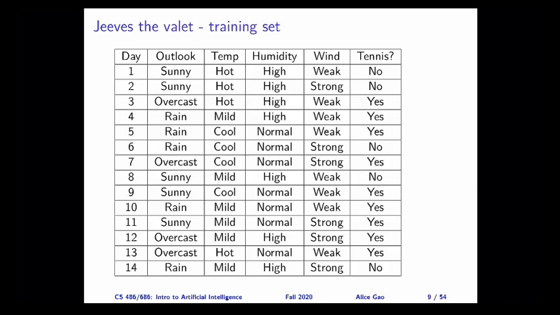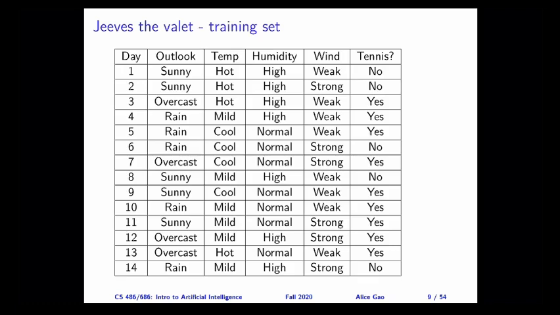Let's first recall how we dealt with discrete features. This is the original Jeeves dataset again. Each discrete feature can have any number of values. For example, temperature has 3 values, hot, mild, and cool. Wind has 2 values, weak and strong.